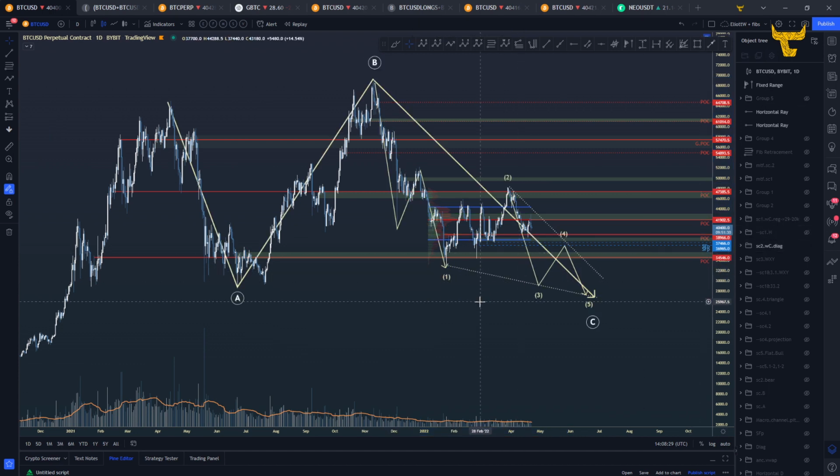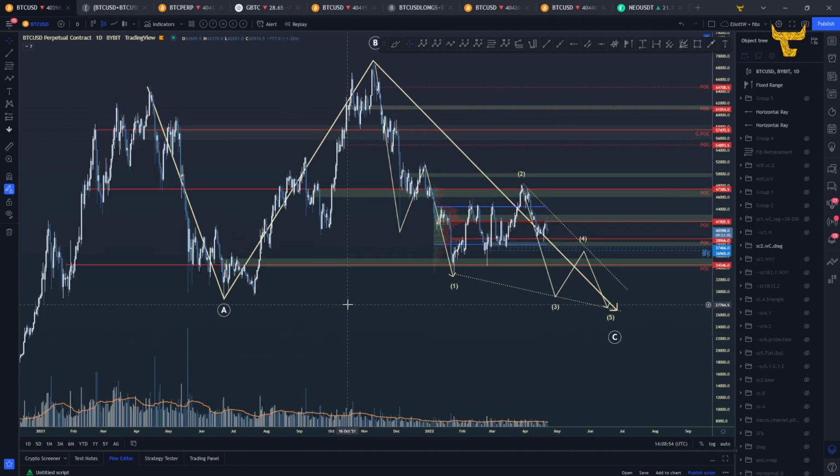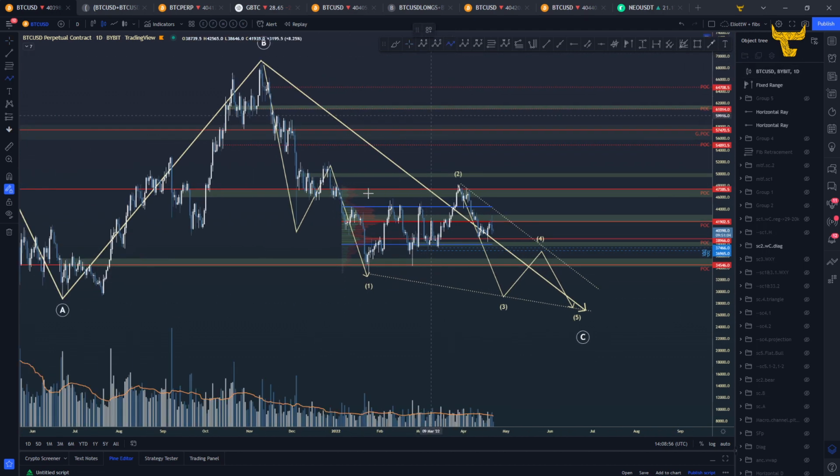Scenario 2, a variant, where we are looking the same as scenario 1, I mean at an expanding flat. The difference is, trying to foresee something that has more symmetry, and an ending diagonal here could be nice.